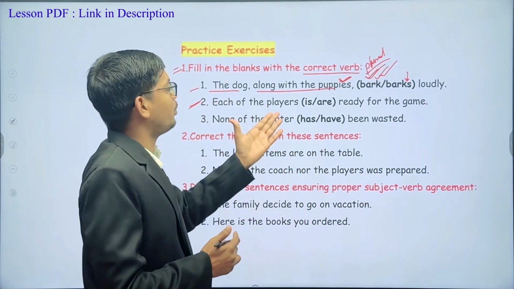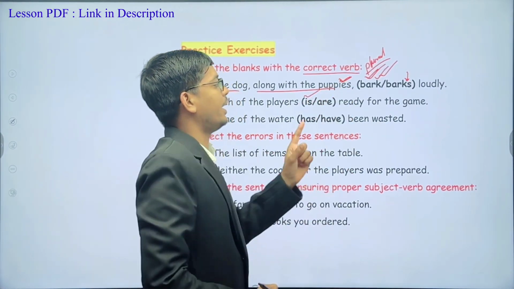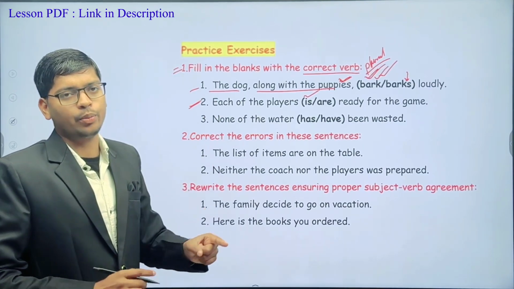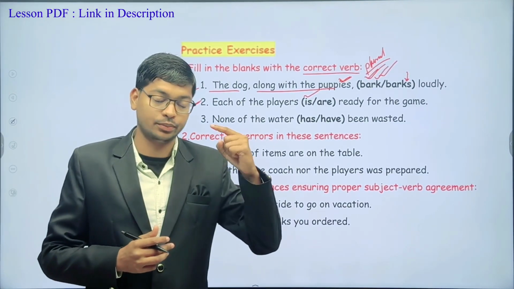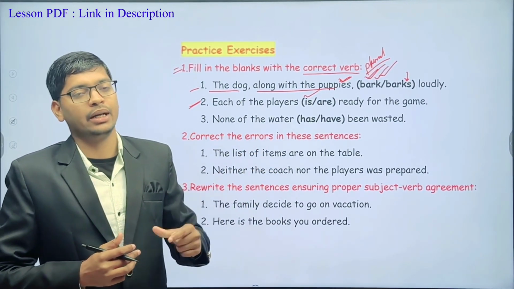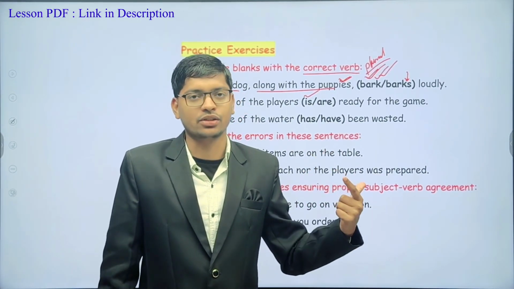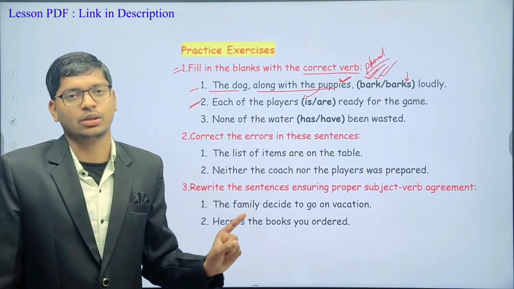So each of the players is ready for the game. Is is correct here. When a sentence starts with each or every, we have to use only a singular verb.